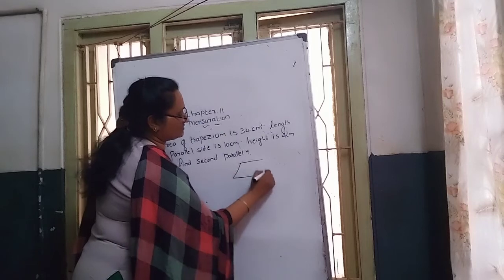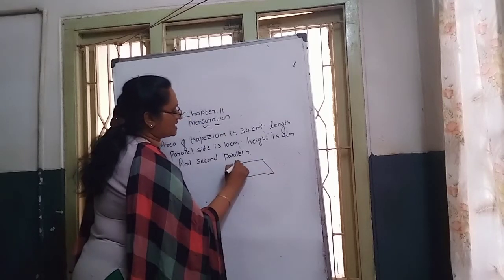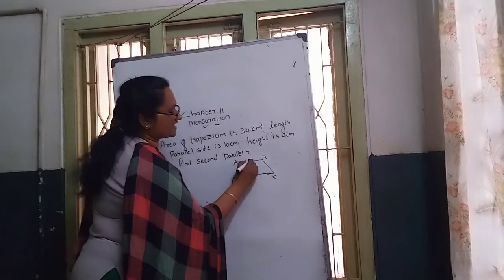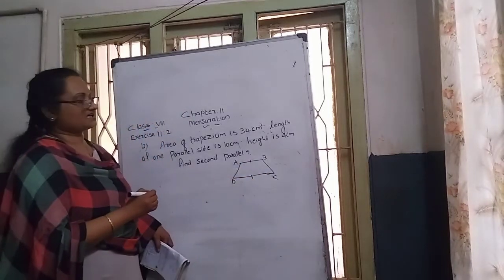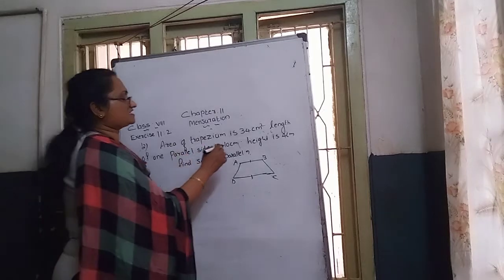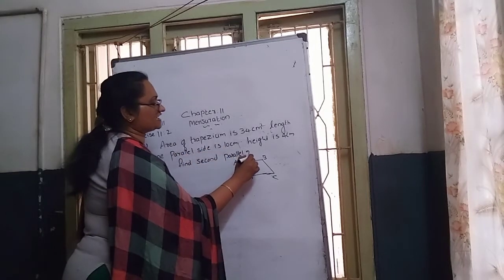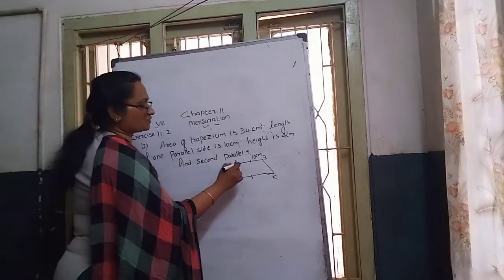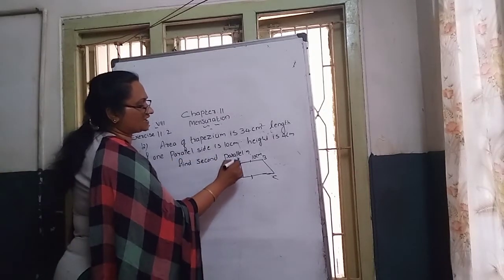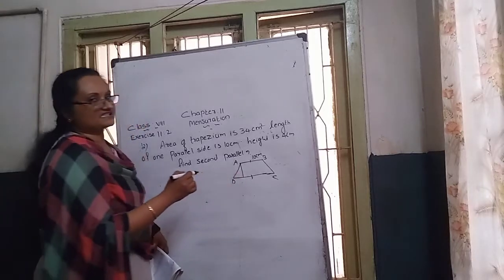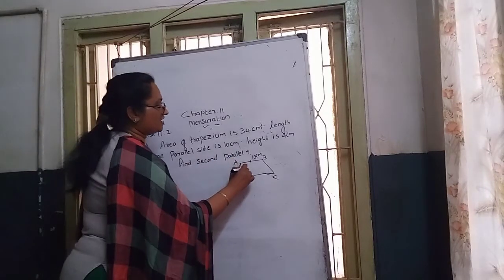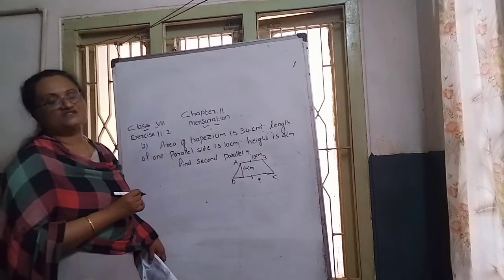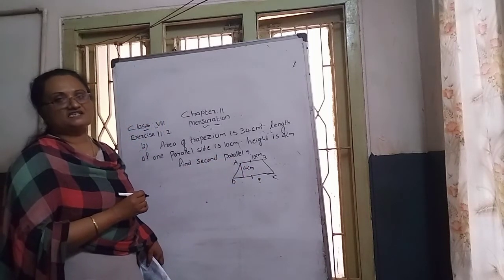We can name it A, B, C, D. In this trapezium, AB and DC are the parallel sides. One side's measurement is given as 10, so we mark it as 10 centimeters. The height, the distance between sides AB and DC, is 4 centimeters. They asked to find side DC, the second parallel side.